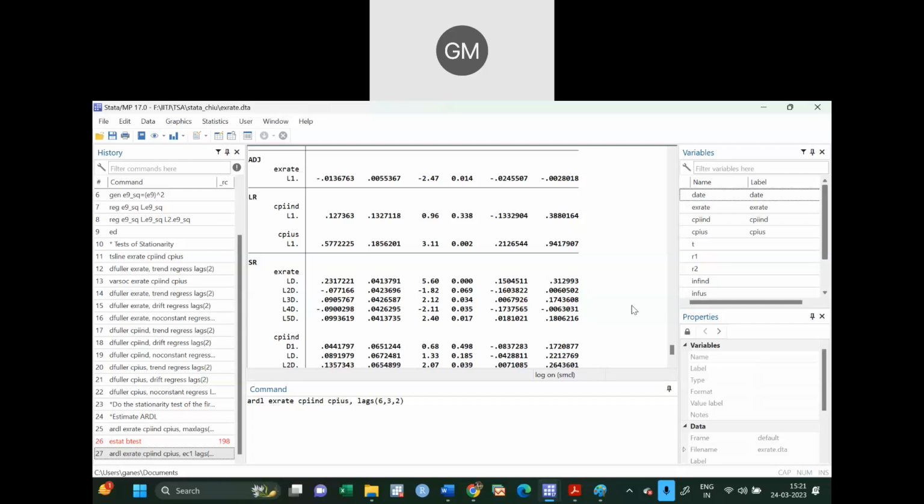So this means that apart from the F test that we check, we also need to check the error correction term and also the coefficients of the long run results. Basically, if the error correction term and the long run results are both significant, then we can say that our model is good. Yes, thank you. So the error correction term must be negative and significant to say that your equation is stable.